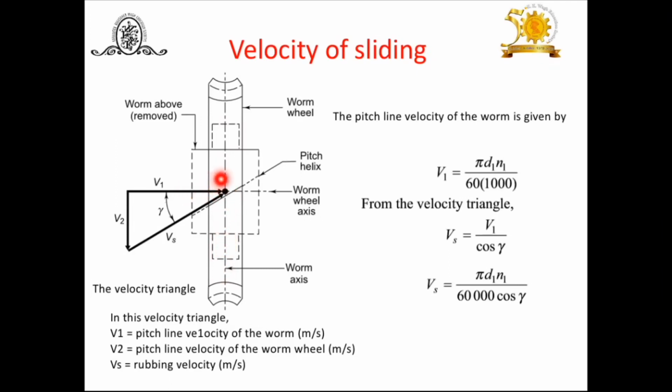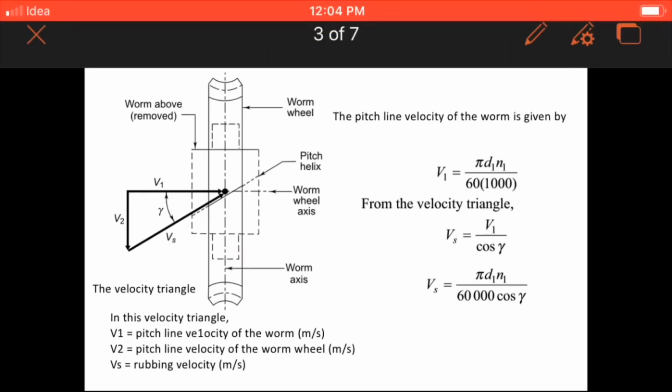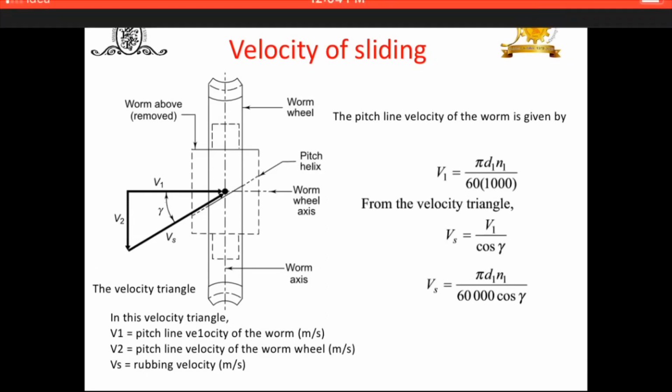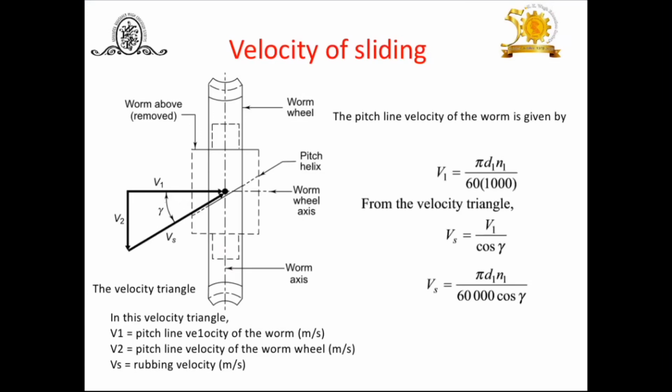V1 is the pitch line velocity of the worm, in meter per second, and V2 is the pitch line velocity of the worm wheel, along the circumferential direction of the worm wheel or gear. Vs is the rubbing velocity in meter per second.